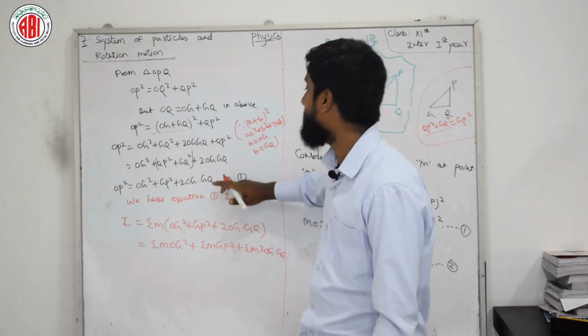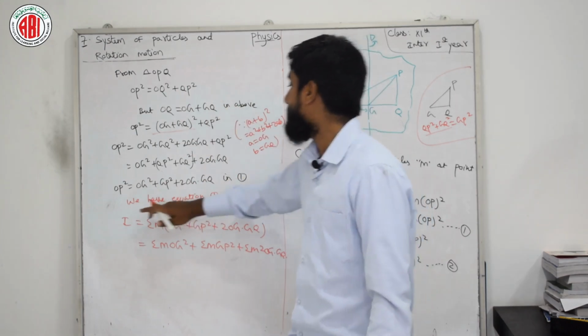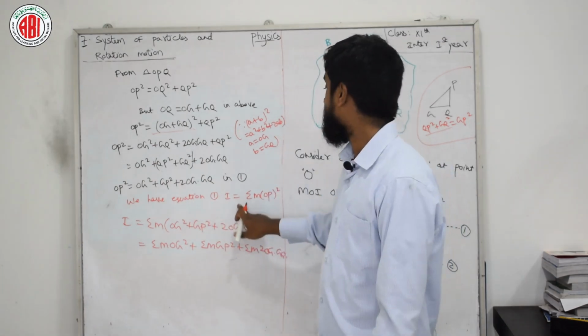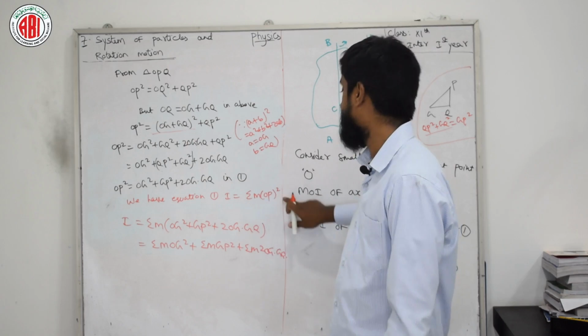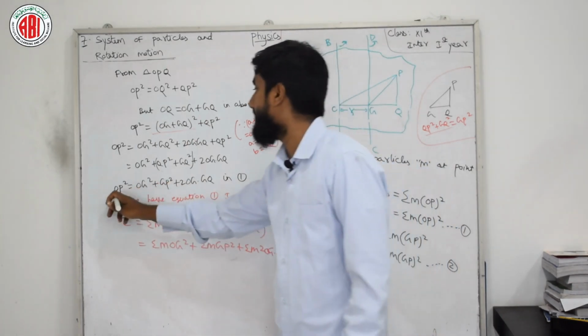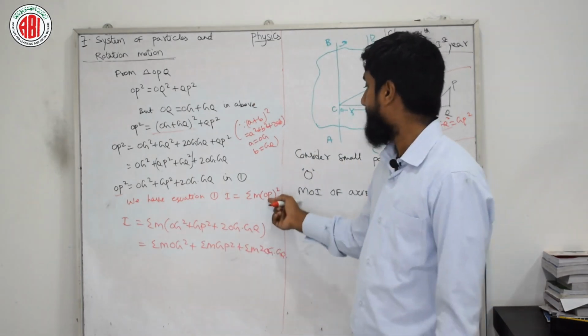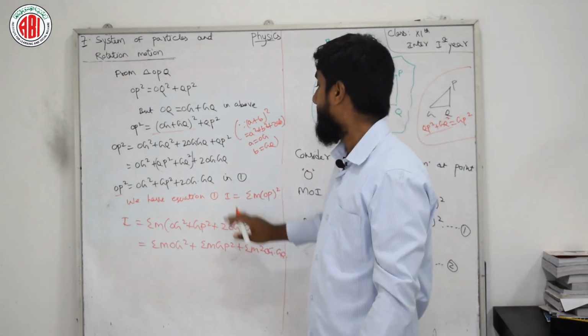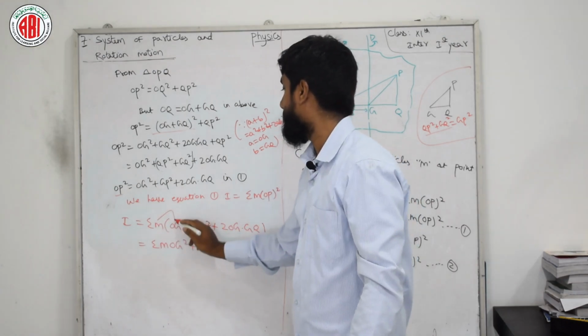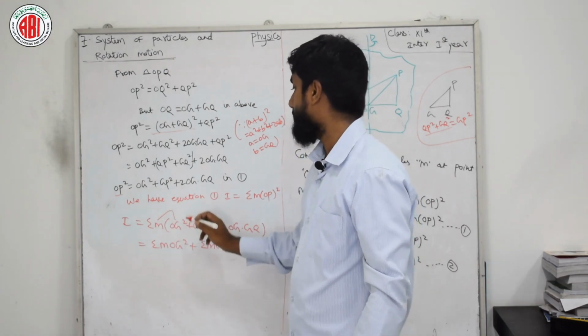Now I am substituting this value in equation number 1. Equation 1 says I is equal to sigma m OP square. So here I is as it is, sigma m as it is. In place of the complete OP square, I am putting this complete term. After putting it, I open it: sigma m into OG square is sigma m OG square.